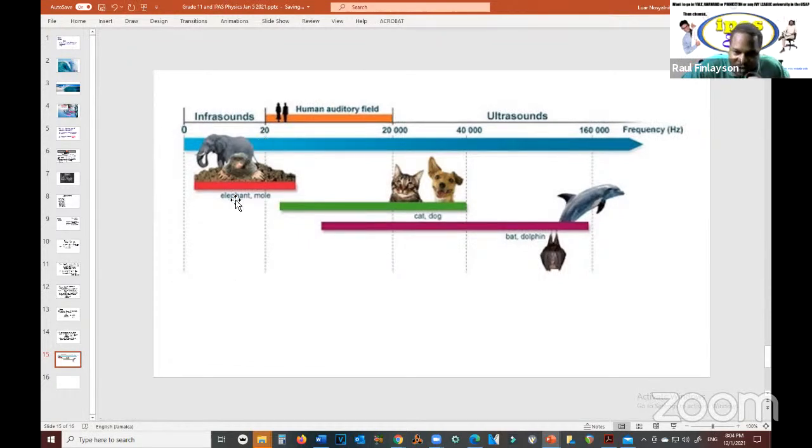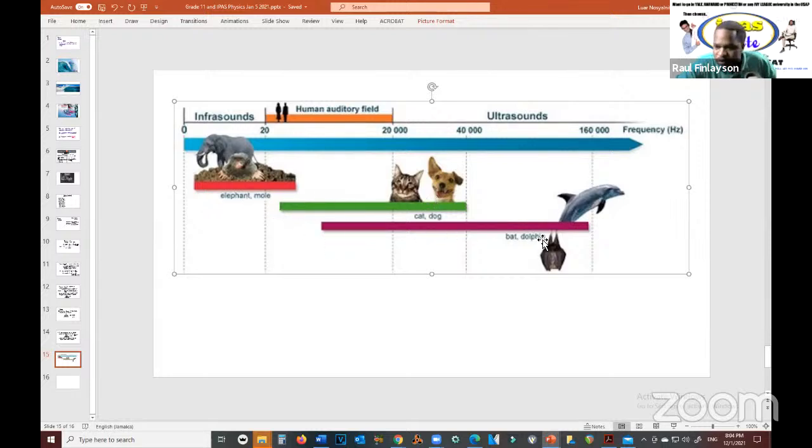For example, the elephant can go from 0 all the way to 160,000. Look at that range. Dogs in the green range here can go just above. So we can actually hear lower sounds better than dogs though.